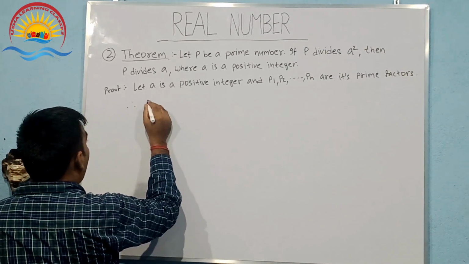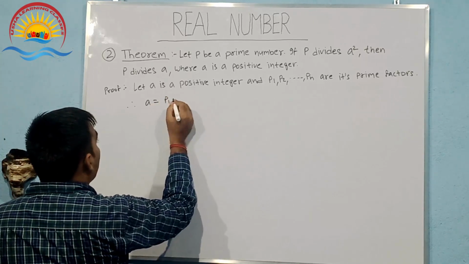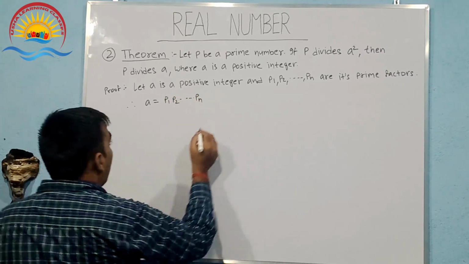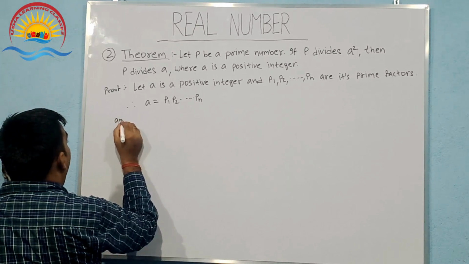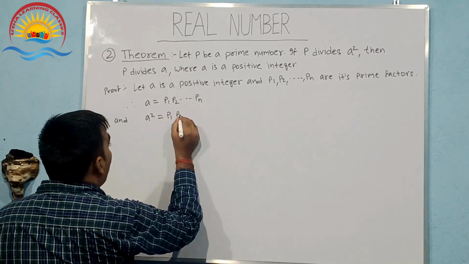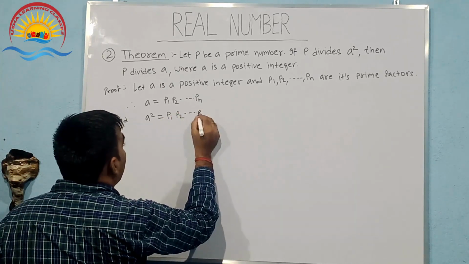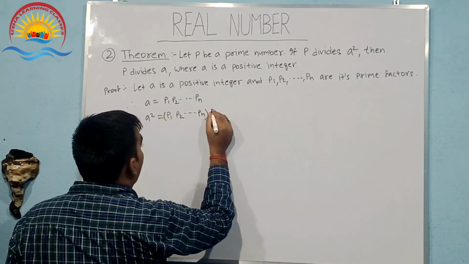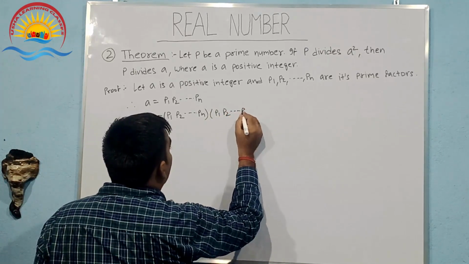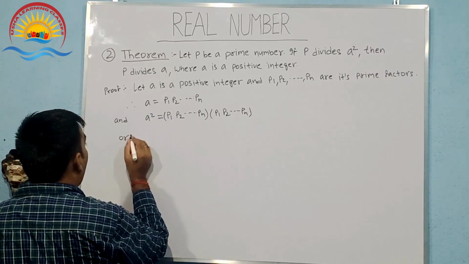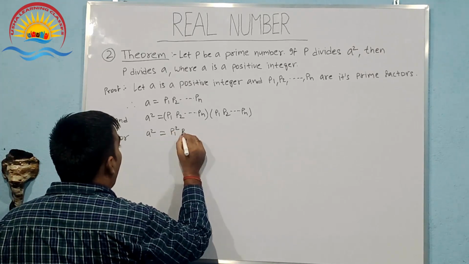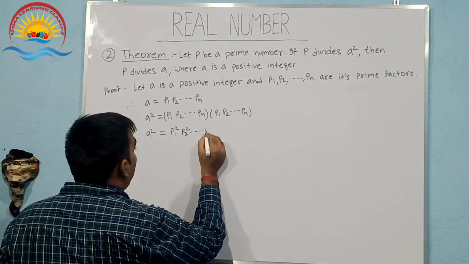Therefore, a equals p1 p2 pn, and a square equals p1 p2 pn into p1 p2 pn, or a square equals p1 square, p2 square, pn square.